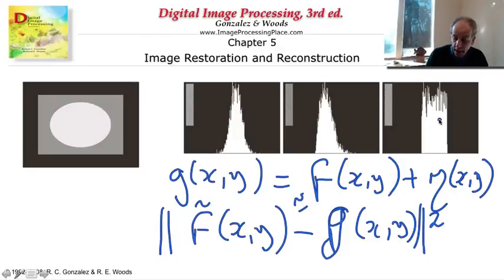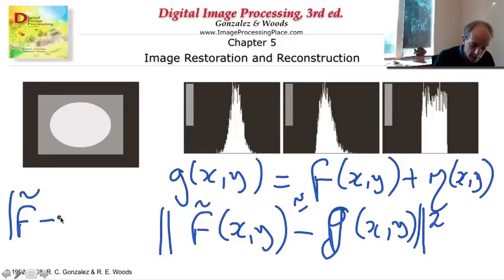Now, if my noise was estimated to be uniform, then I'm going to have to impose a different error. For example, we're going to see that if the noise is exponential, what we're going to try to do is my estimate minus my observation, but without the square.